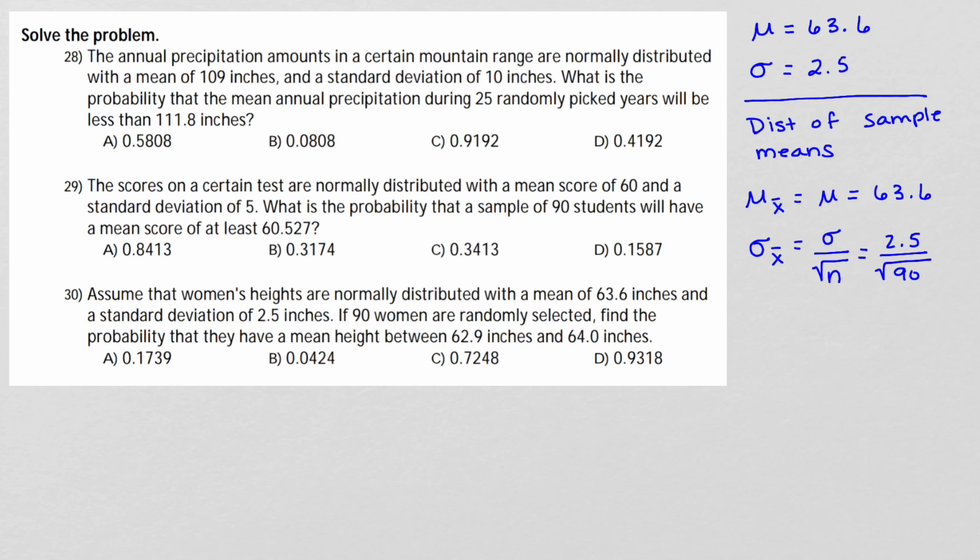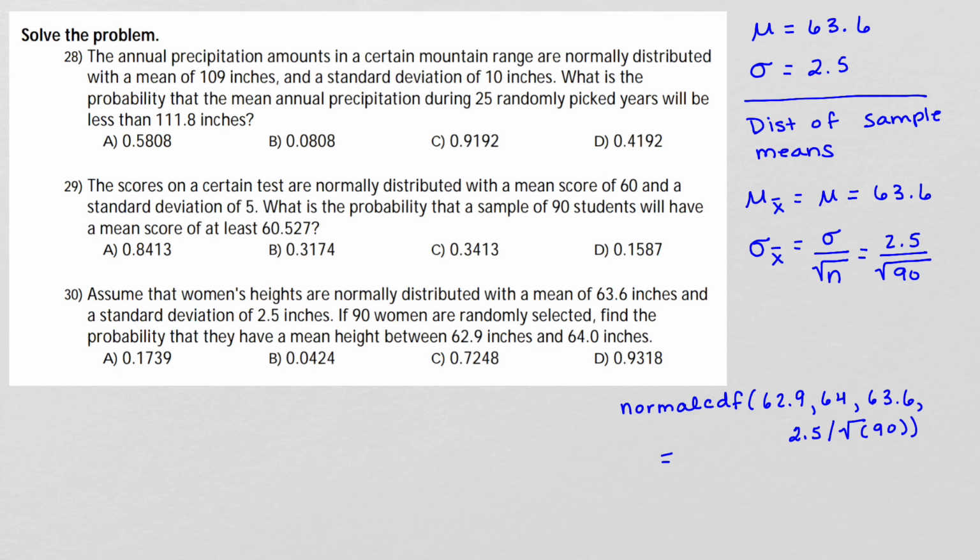So again, when I put this into the calculator, I'm going to do Normalcdf. And my lower limit is 62.9. My upper limit is 64. The mean is 63.6. And the standard deviation is 2.5 divided by the square root of 90.